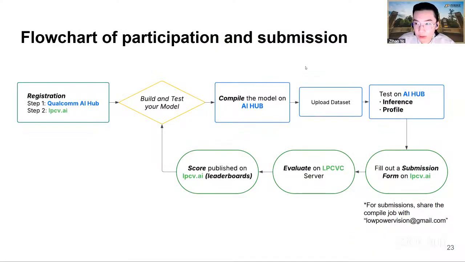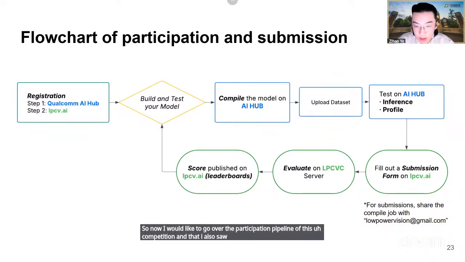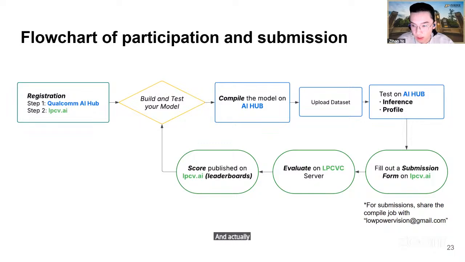So now I would like to go over the participation pipeline of this competition. And I also saw in the chat, there's a question asking about the evaluation board. So actually for all of the chips, and actually also includes many other chips mentioned earlier in the introduction, they will all be available in Qualcomm's AI Hub, which is a free platform.